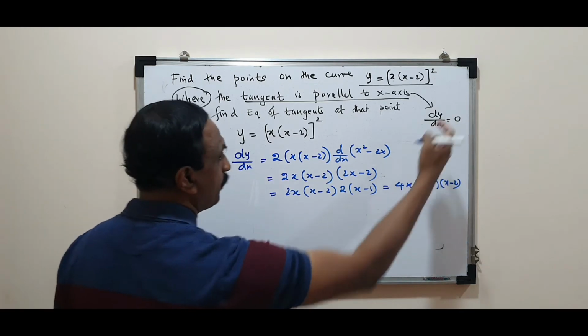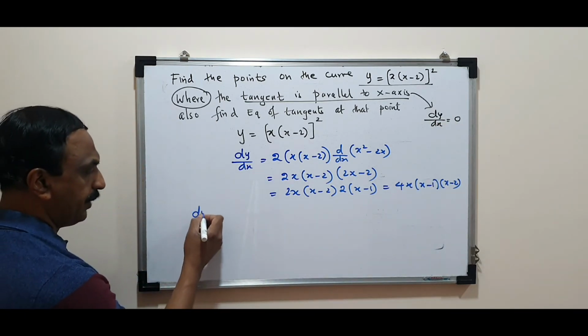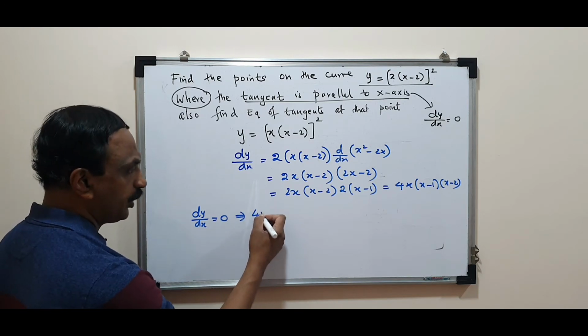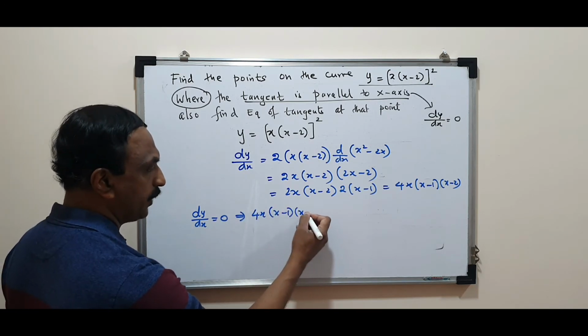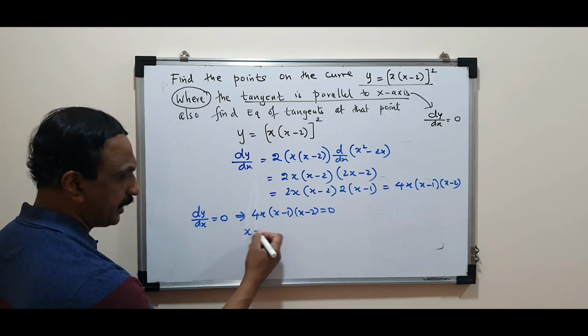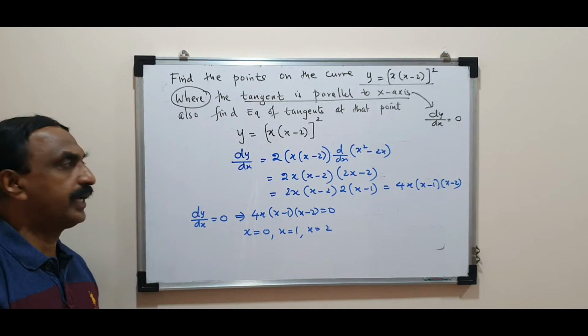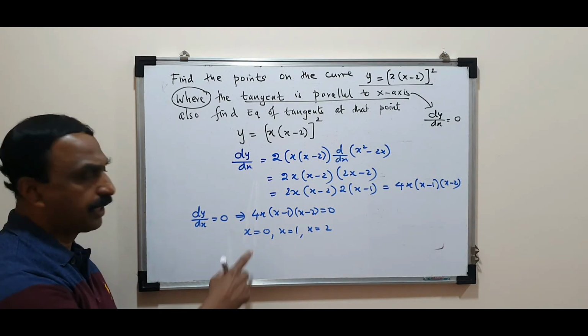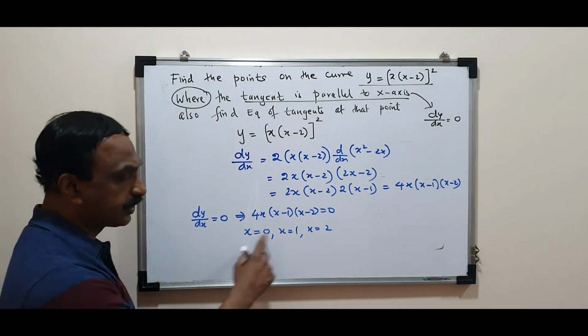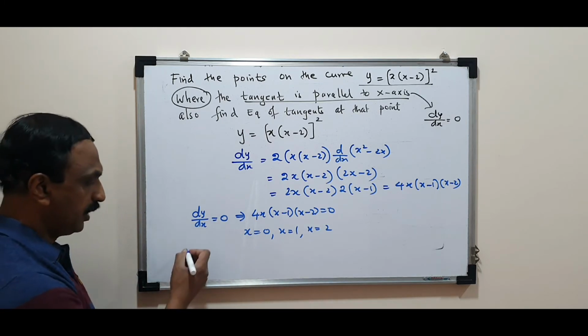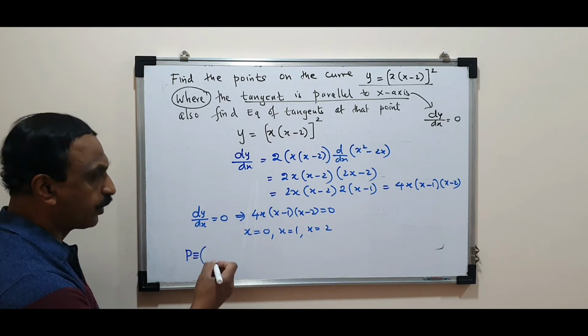Now when does the derivative become 0? So dy by dx becomes 0, which implies 4x into (x minus 1) into (x minus 2) should become 0, which means x is 0, x is 1 and x is 2. The points where the tangent becomes parallel to the x-axis have x coordinates 0, 1 and 2. Now let's find out their corresponding y coordinates.